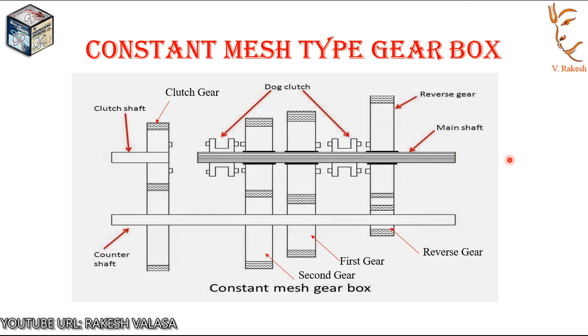Now let us go into explain working principle of constant mesh type gearbox. In this type of gearbox, there are two shafts, namely main shaft and lay shaft or counter shaft. All the gears of the main shaft are in constant mesh with the gears on counter shaft.